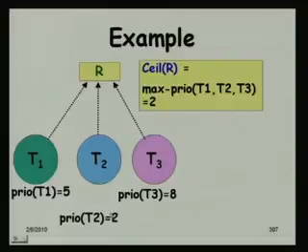Then the maximum priority will be 2 and the ceiling value associated with R will be 2. So, whenever a task acquires R, if T3 acquires R, its priority will become 2, right.